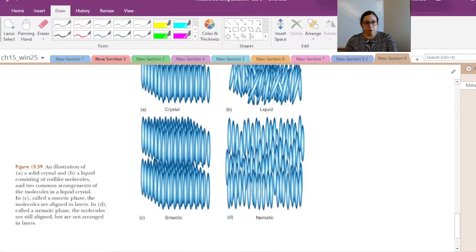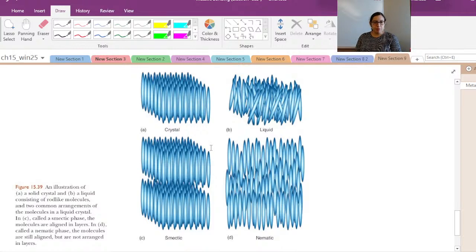Before I go off on a deeper tangent, other things we should just appreciate. So a crystal, again, is a nice, organized arrangement. That's all that's shown here, they're nice and orderly. Obviously a liquid, they're going to be flowing. Disorder.